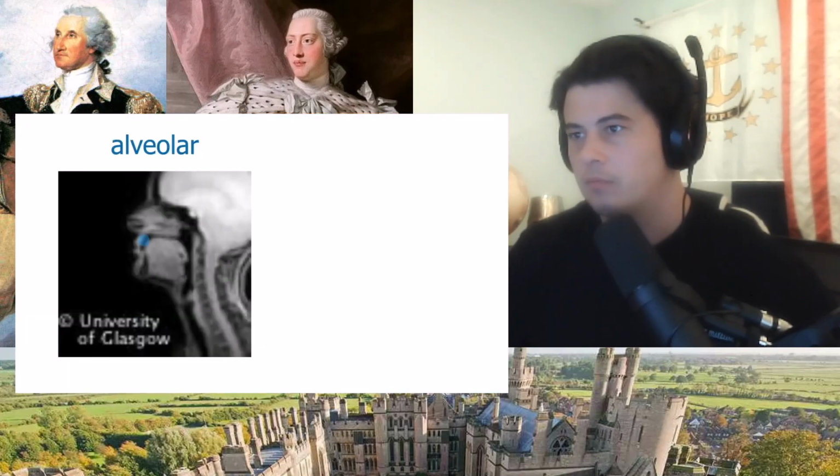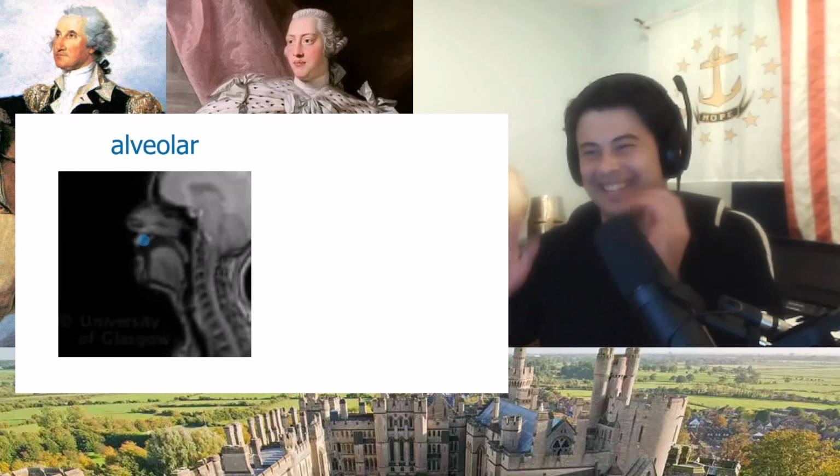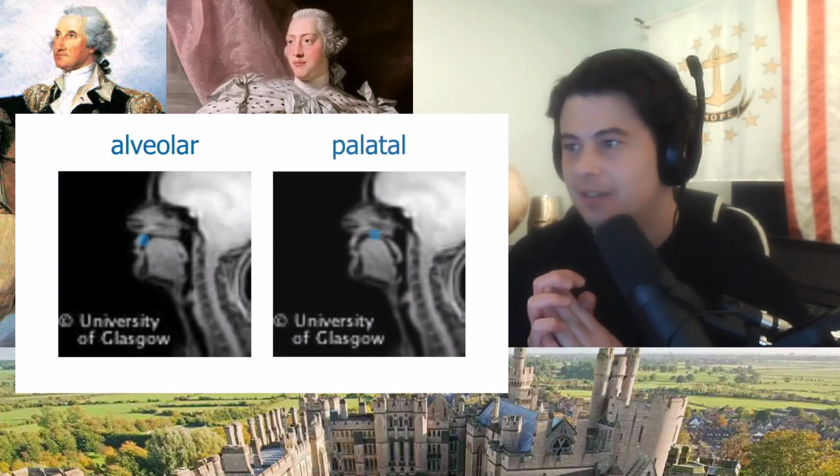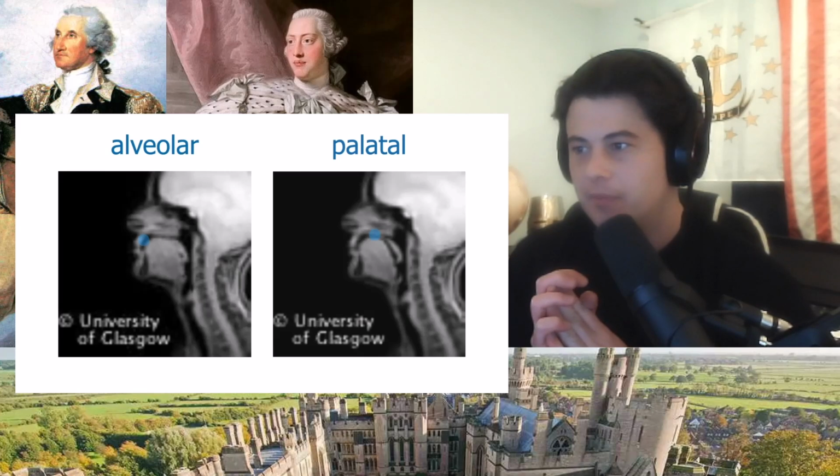Like T, D, N, S. These tip of the tongue consonants, as you may remember if you saw my last video, are called alveolar, or American alveolar. Alveolar. Our Y sound, by contrast, is a palatal sound, made with the tongue bunched up a bit further back in the mouth.